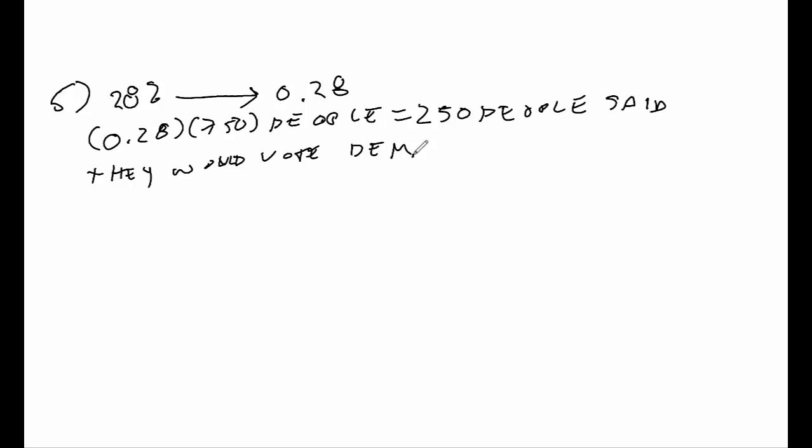So remember, it's very important that when you're doing these types of problems, you take your percent and convert it into a decimal, and then you take your whole and multiply the decimal by whatever your whole is represented by.